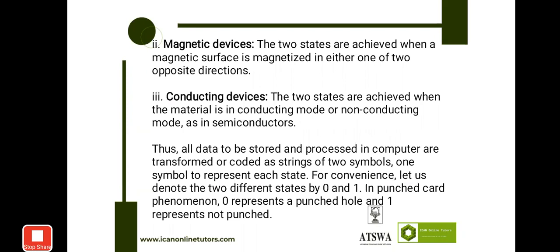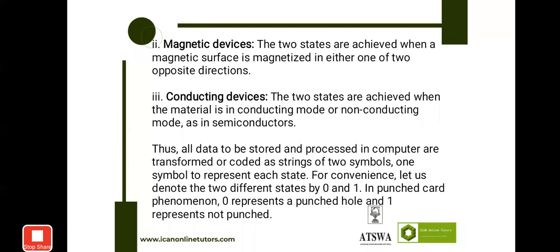For magnetic devices, the two states are achieved when a magnetic surface is magnetized in one of two opposite directions.